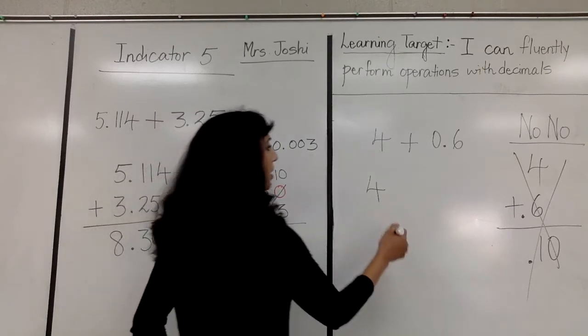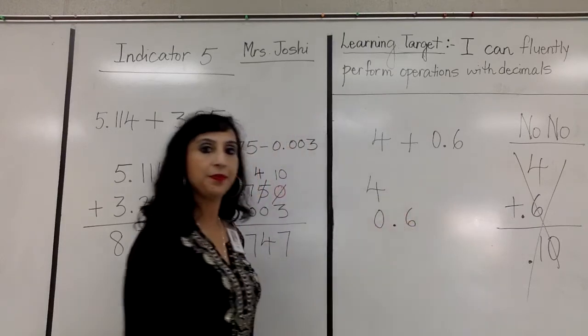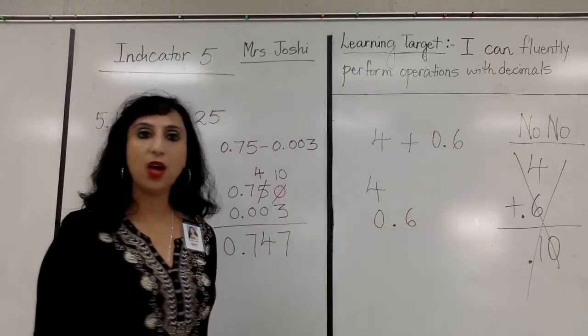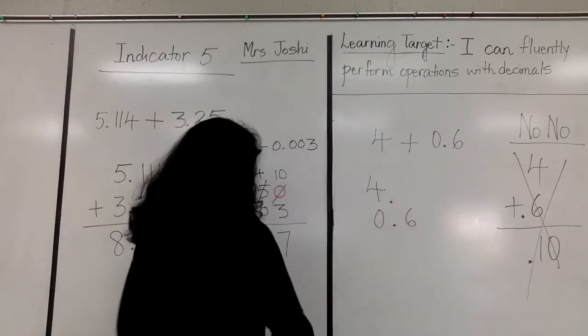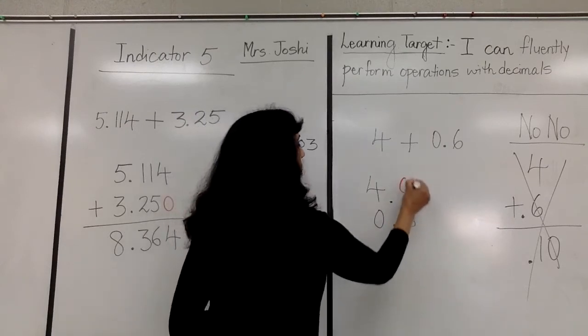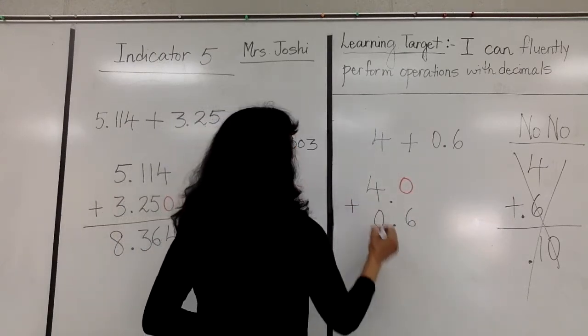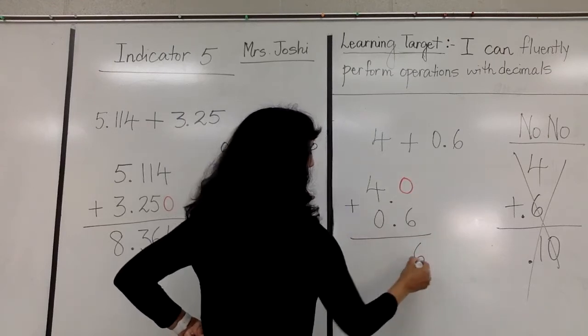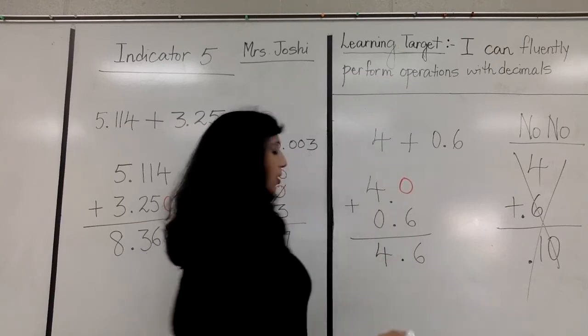Okay, so if there's nothing here, this is what we're going to do. This is 6/10, and since 4 is a whole number, I can put decimal, and then I am going to annex a 0. Okay, and so when I add, this actually gives me 6 over here, 6/10, and then I have the 4.